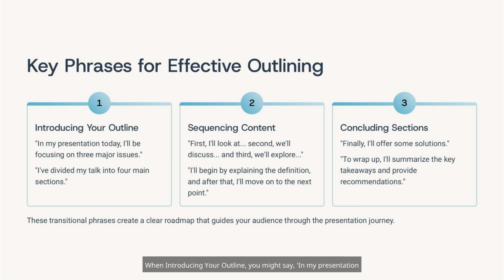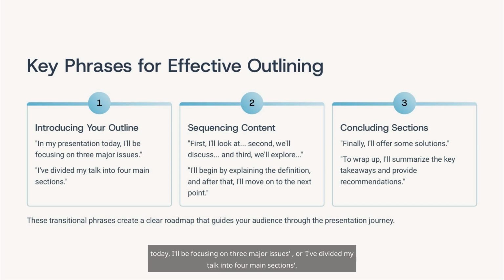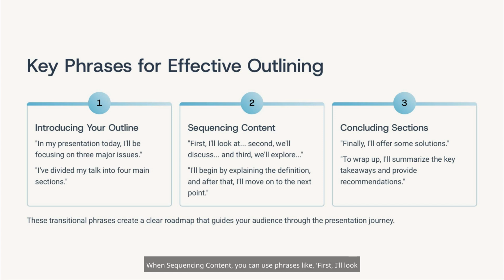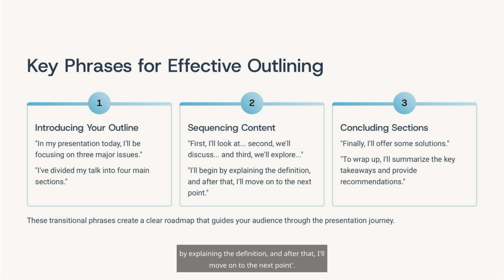When introducing your outline, you might say, "In my presentation today, I'll be focusing on three major issues," or "I've divided my talk into four main sections." When sequencing content, you can use phrases like, "First, I'll look at; second, we'll discuss; and third, we'll explore," or "I'll begin by explaining the definition, and after that, I'll move on to the next point."